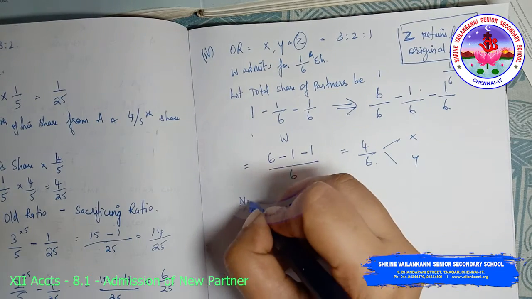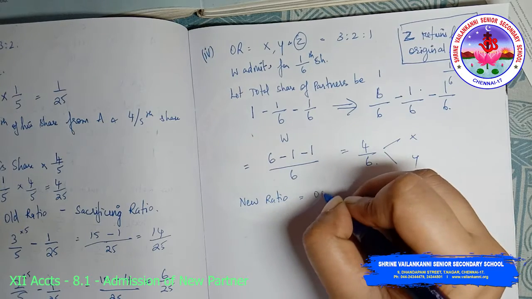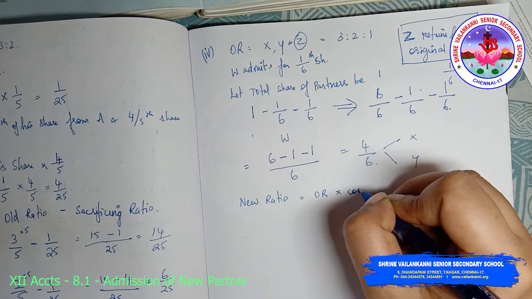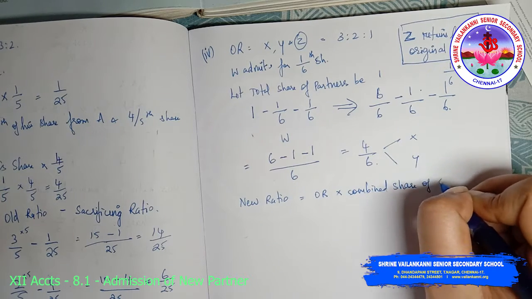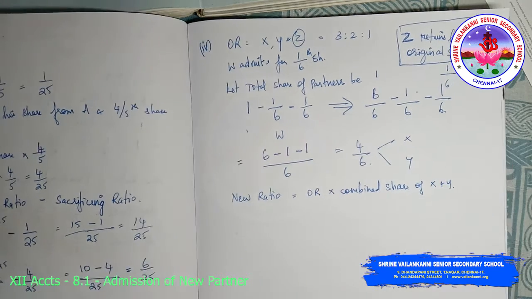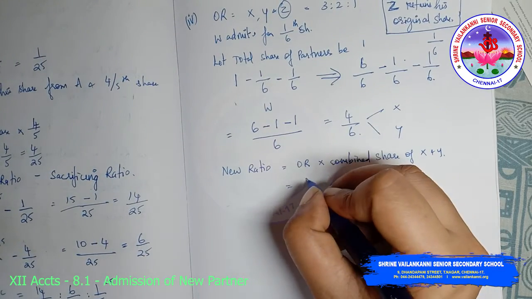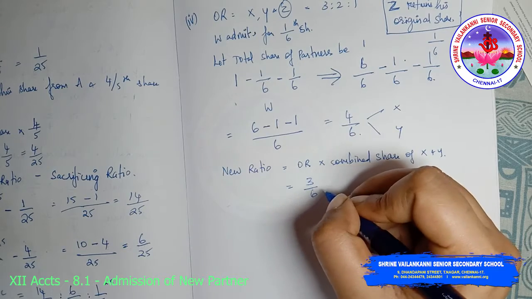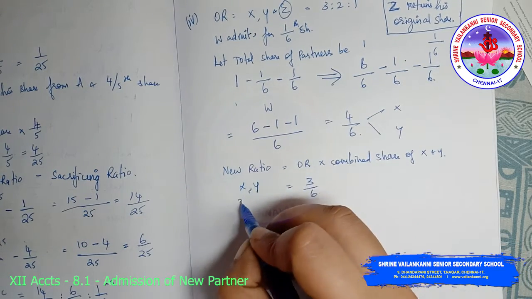So the new ratio of X and Y is old ratio into combined share of X and Y. What is the combined share of X and Y? 4/6. The old ratio is 3/5, because it's only X and Y, so 3:2.